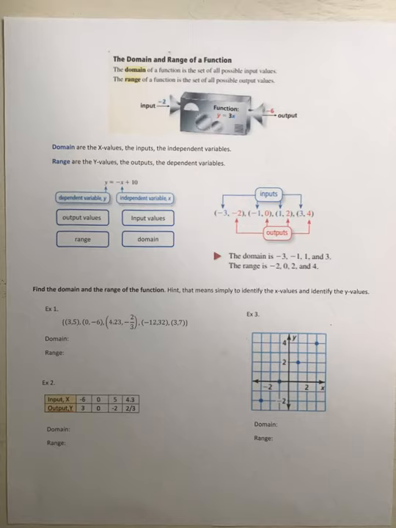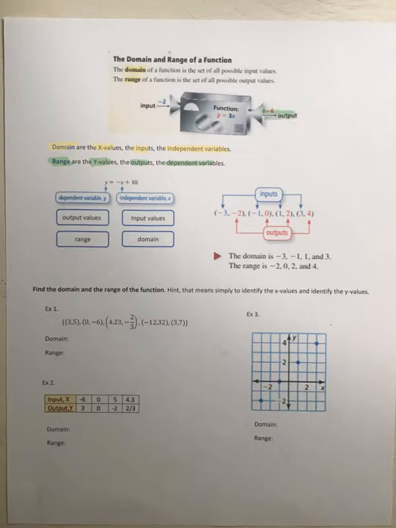Okay, so now let's go over domain and range. Domain describes the X values. So the domain are really the X values, which are also called the inputs, which are also called the independent variables. The range are the Y values, which are also known as the outputs, which are also the dependent variables.